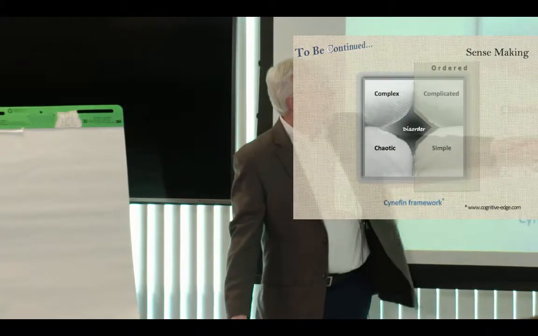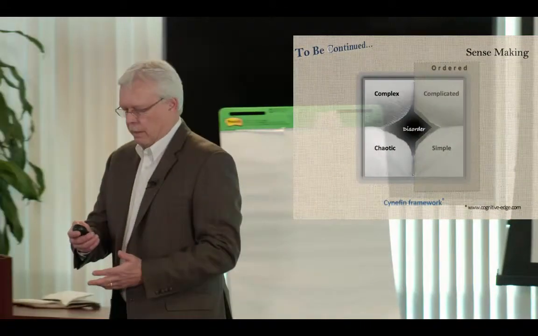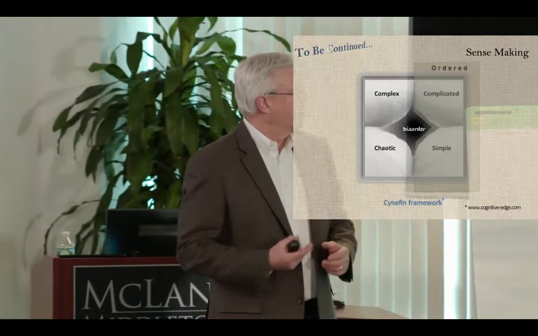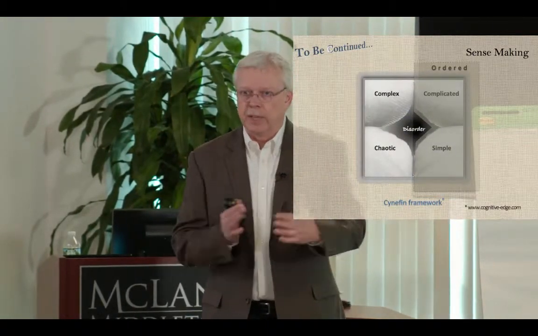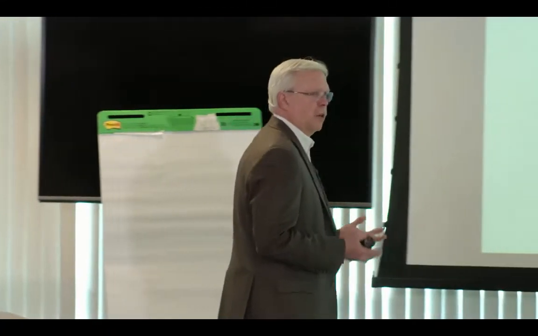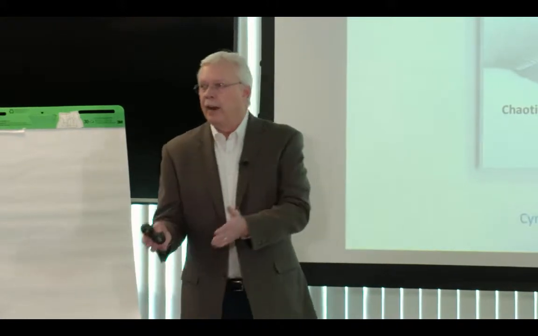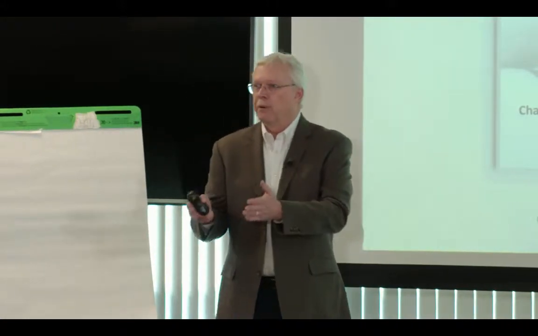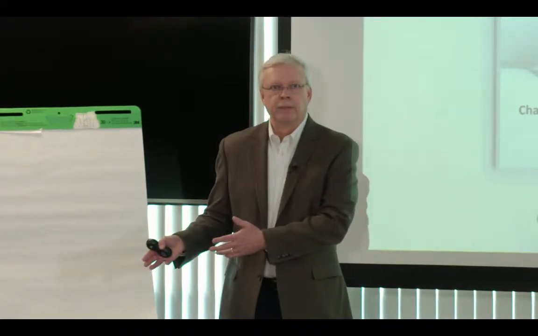In a simple system, where cause and effect are fairly obvious, and it is one of the, as the authors of this say, ordered systems, where we can understand the relationship of things. It might be accounts payable, it could be order processing, it could be any one of the things where, when something goes wrong, we sense what's going wrong, we categorize what's gone wrong, we put it into a simple model that has worked for us in the past, and then we take action.